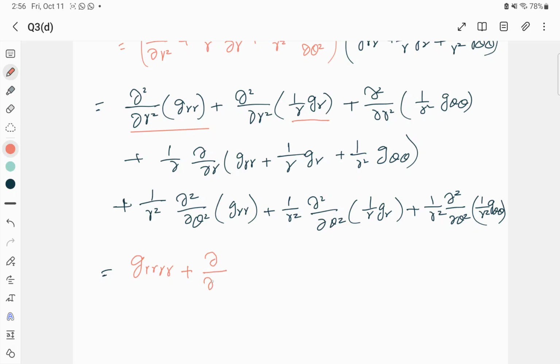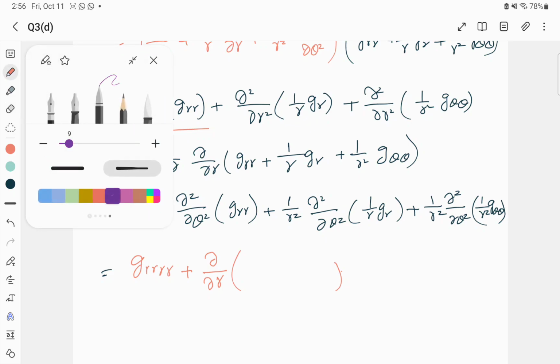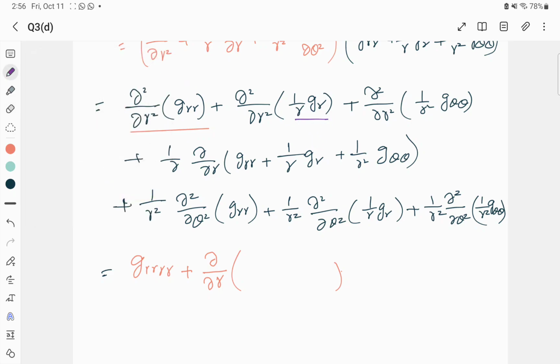Firstly I will write one derivative outside, and we apply the product rule once on this one. So this will be negative 1 over r square g_r plus 1 over r, and because we have applied the derivative with respect to r once, that will be g_rr.